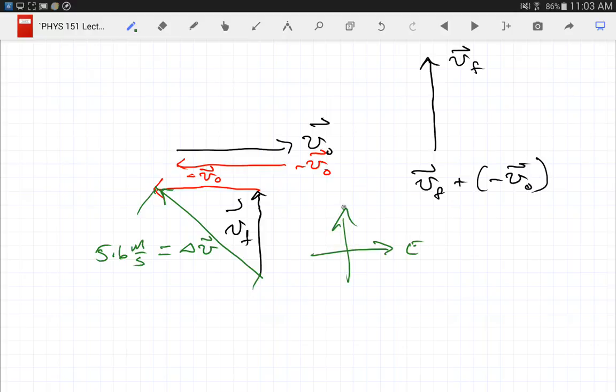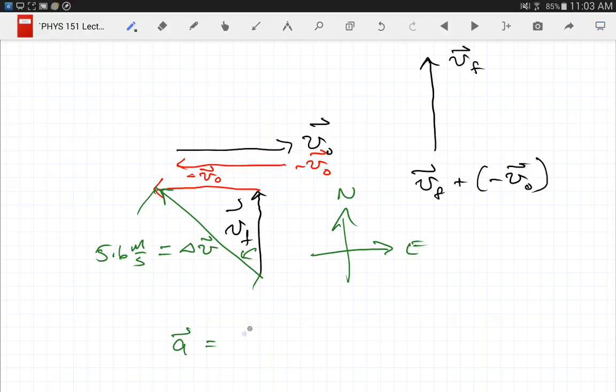Now, in terms of directions, I'll measure an angle. Let's say I measure this angle. And I think we all probably know enough to say that that angle was 45 degrees.